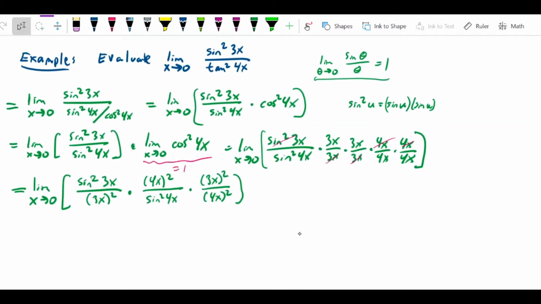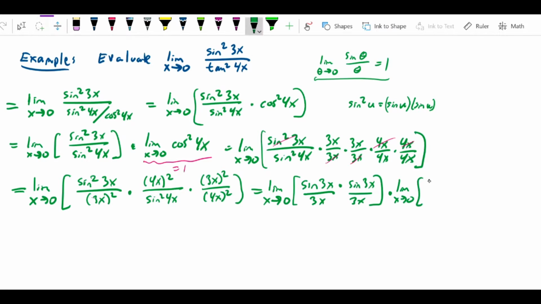Let's see what we can do here. So this comes out to the limit as x approaches 0 of sine 3x times sine 3x over 3x 3x, times the limit as x approaches 0 of 4x over sine 4x times 4x over sine 4x.